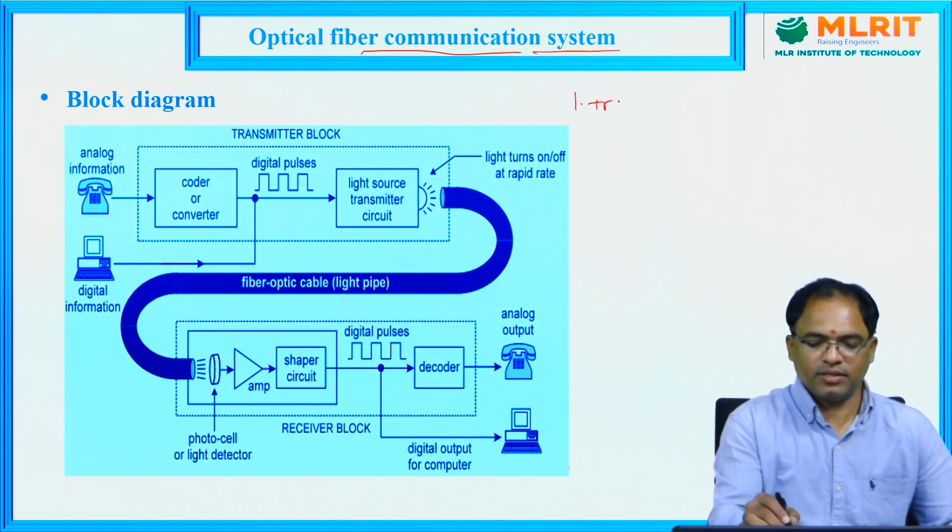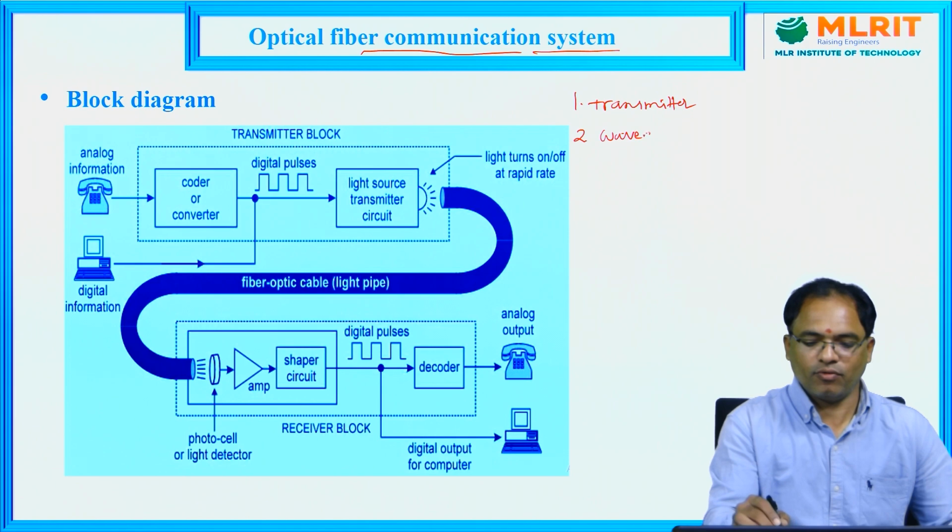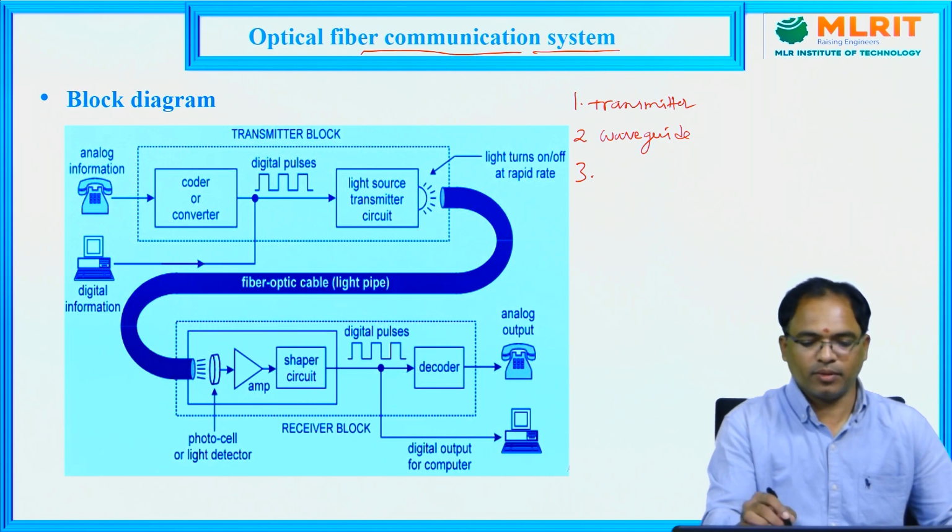One is the transmitter. The second part is the waveguide, and the third part in the optical fiber communication system is the receiver.